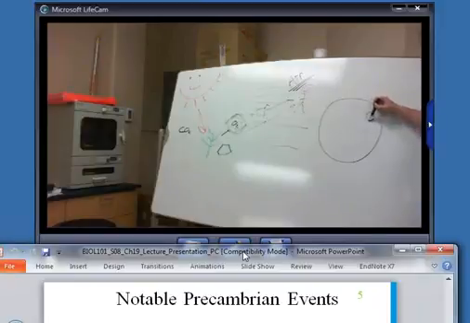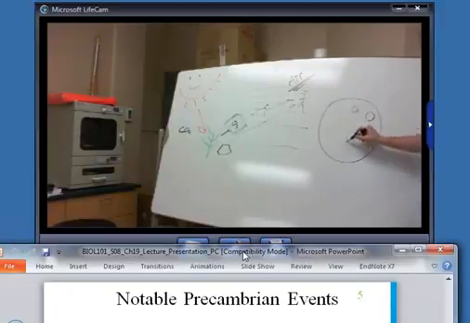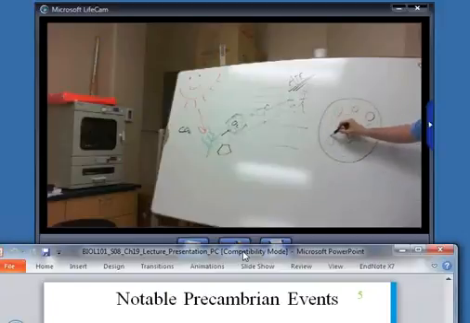But at some point, it didn't digest it. And instead, this little guy, like any parasite, went on to survive and reproduce inside the larger cell.